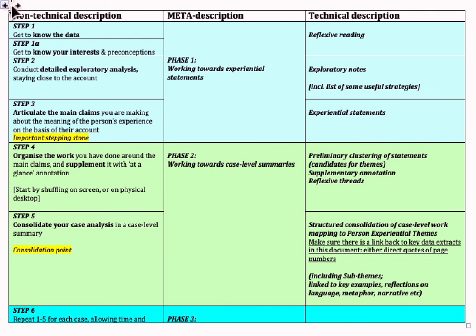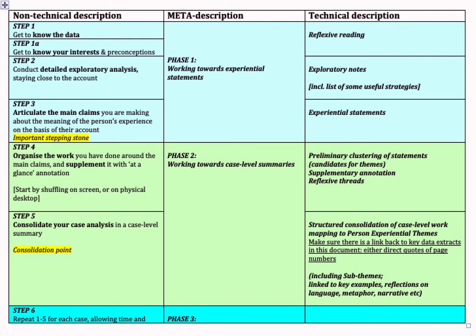So focusing again on that first stage, working towards experiential statements. You're getting to know the data, you're getting to know your own interests and preconceptions through a reflexive reading of that data. So you're noticing your reactions to it and what interests you about it.